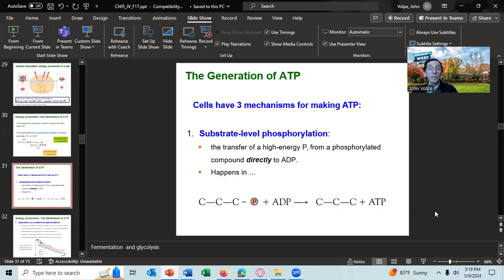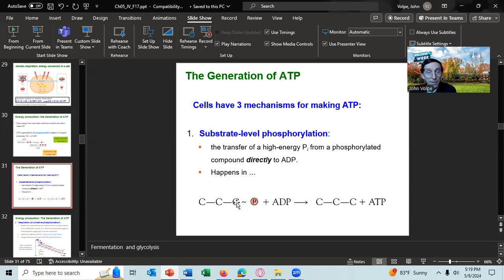All right, so in the generation of ATP, cells have 3 mechanisms for making ATP. First, there's substrate level phosphorylation, and that's just the transfer of a phosphate group from one molecule to ADP to make ATP.